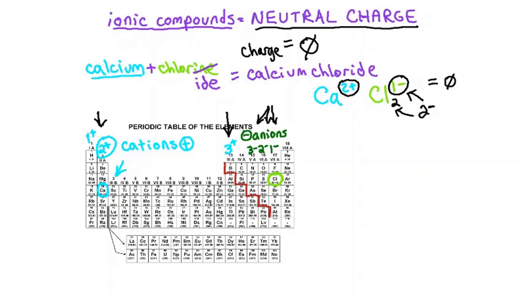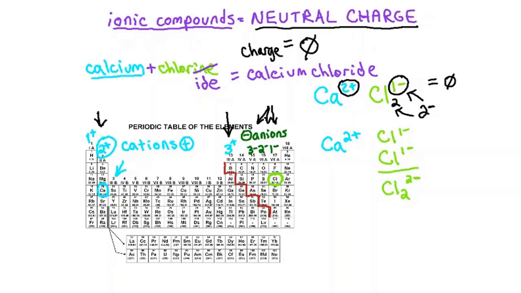So if we end up having 1 calcium, and that's a +2 charge, and then we have 2 chlorine atoms, and each of those chlorine atoms has a -1 charge, we're going to end up with 2 chlorine atoms with a total of a -2 charge.